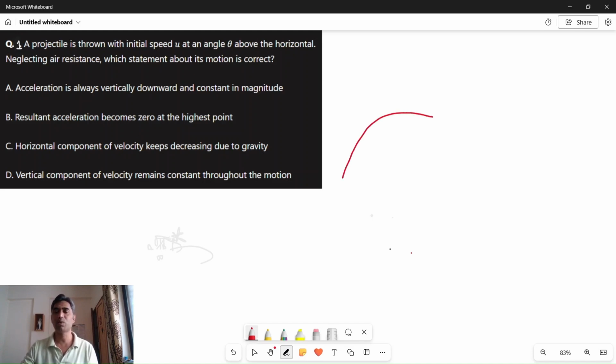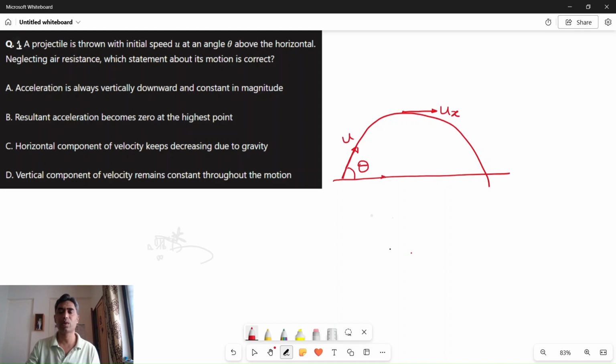See, in projectile motion, this is the point of projection. If an object is thrown with an angle theta, at the highest point, only the vertical component of velocity becomes zero. The horizontal component will still remain. This is ux, this is uy.